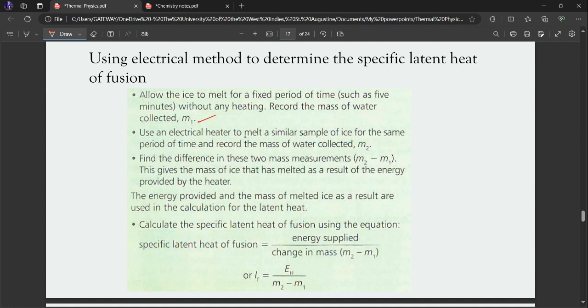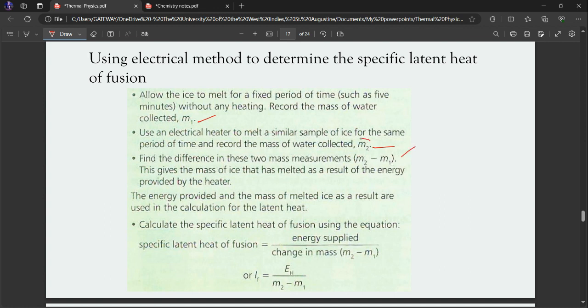Now use an electrical heater to melt a similar sample of ice, meaning the same mass, for the same period of time, and record the mass of water collected. So you can determine how much heat energy you're really using, and you're recording the time too. Right? Same period of time. Find the difference in these two masses, M2 minus M1, right?